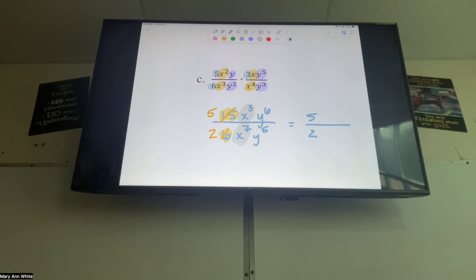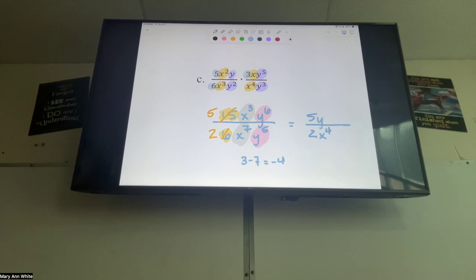Subtract them, good. So 3 minus 7 is -4. Where does that -4 go? On top or on bottom? On bottom. And that makes it a positive. So if I have a negative and I decide to put it on the bottom, it's going to go back to positive. All right, and then last I've got y to the 6th, y to the 5th. What's that going to be? y to the first. Is that on top or on bottom?